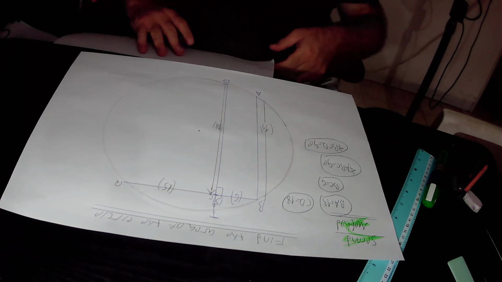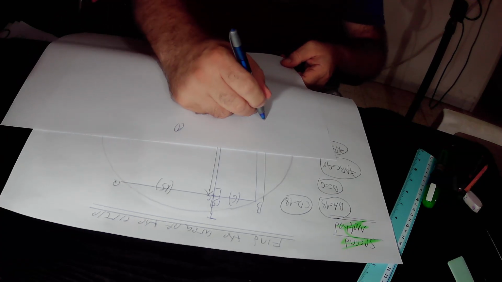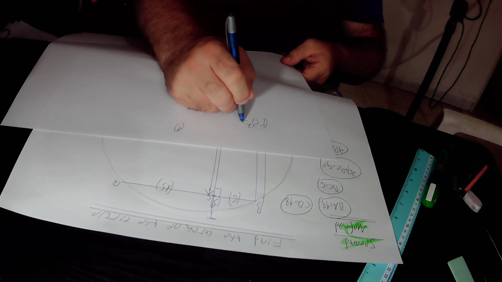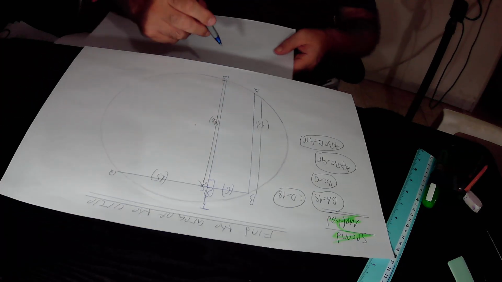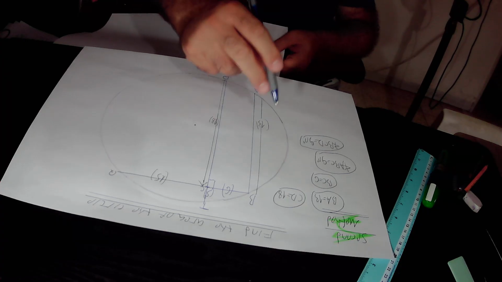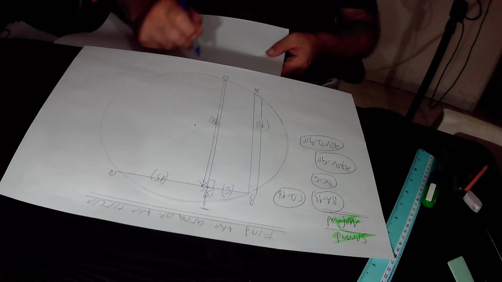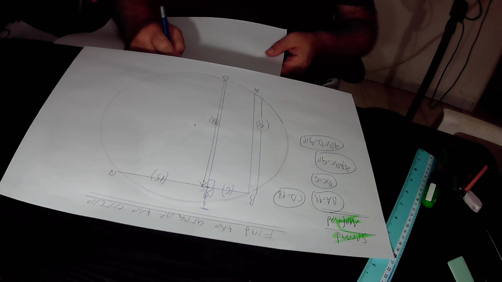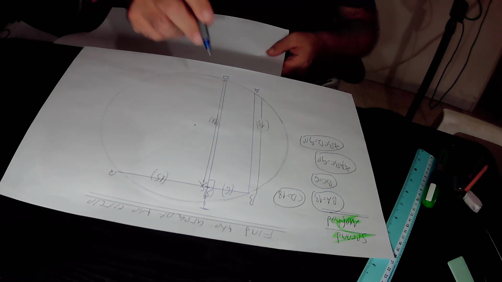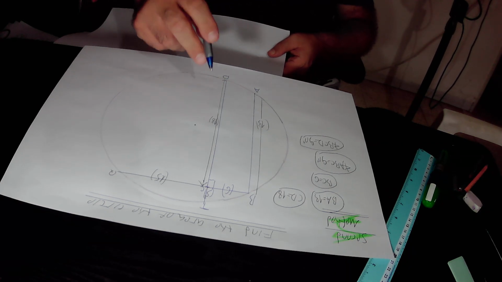TC squared plus CD squared plus BC squared plus CQ squared equals 4R squared.